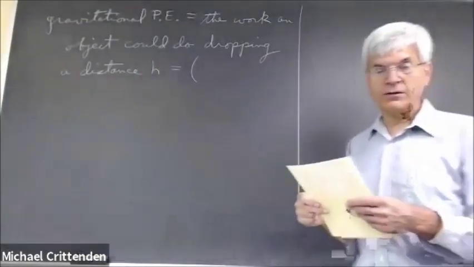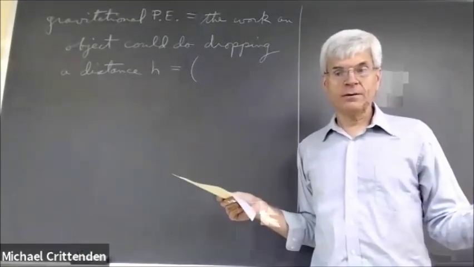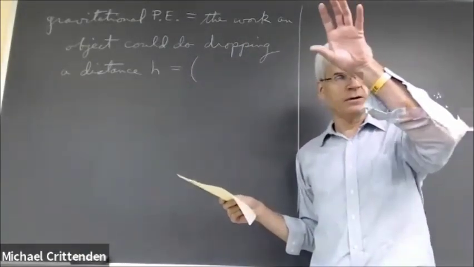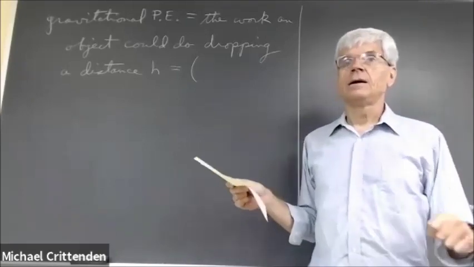we'll just look at the simplest case. If you're going to be really general about things, you'd have to consider the case where an object maybe moves at some sort of an angle.